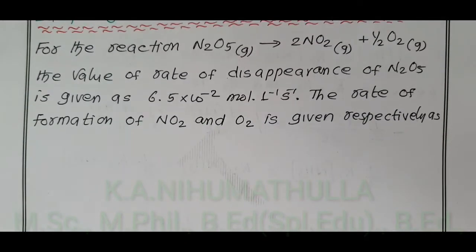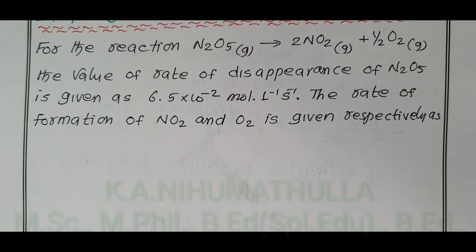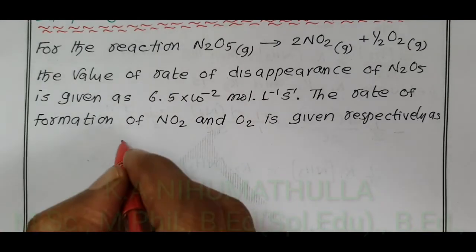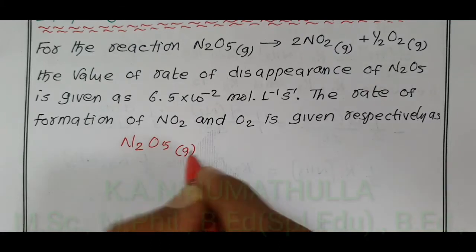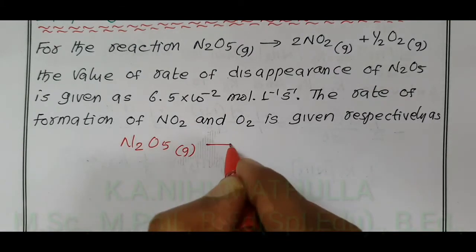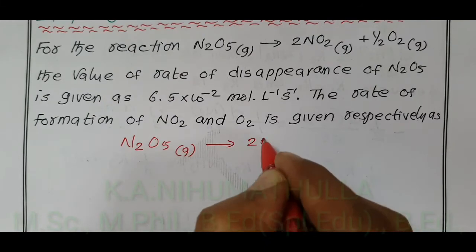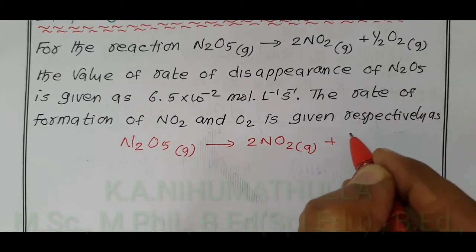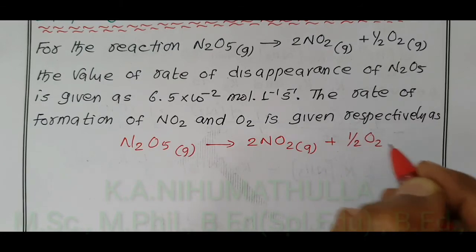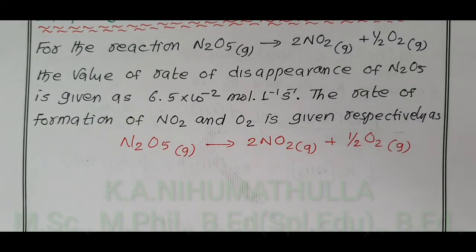We have to solve this. The given equation is N2O5 in gaseous state undergoes decomposition to give 2NO2 gaseous state plus half O2, which is also in gaseous state.